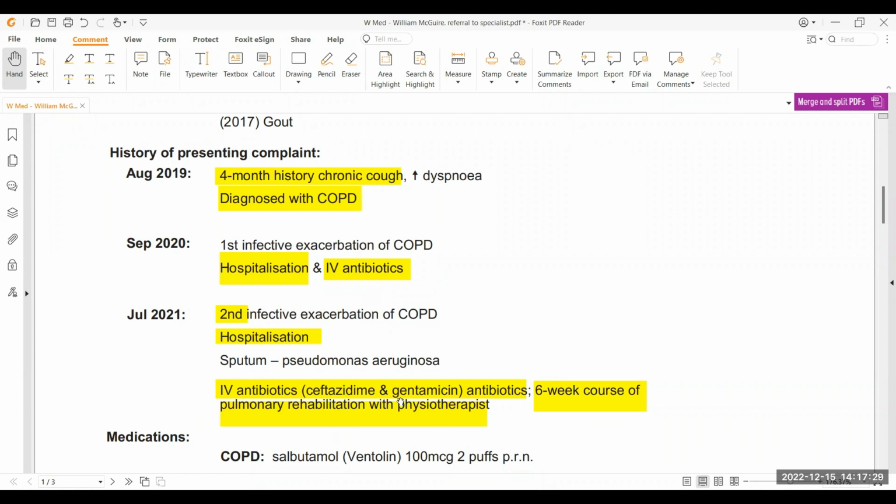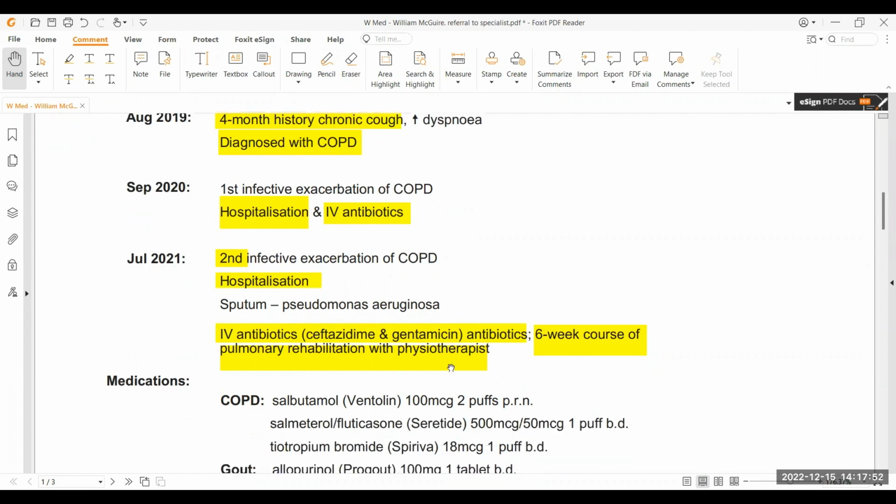The difference with July 2021 is there's now specific information as to the type of antibiotics that were given. And then there was additional management of a 6-week course of pulmonary rehabilitation with a physio. So clearly relevant to the medical specialist.